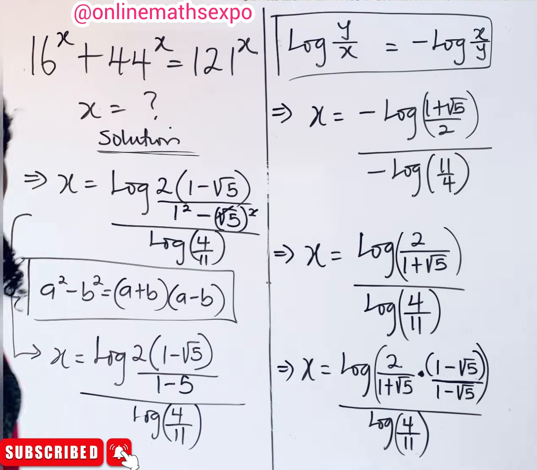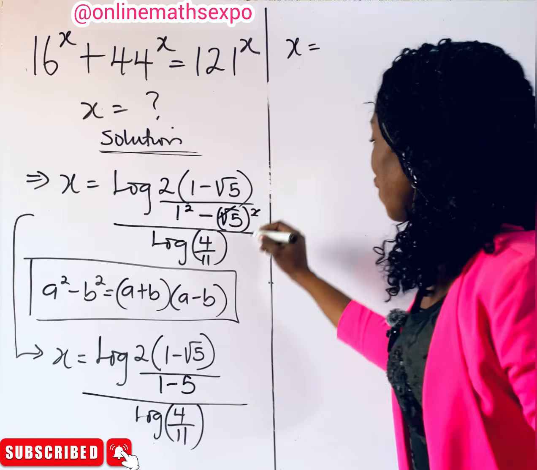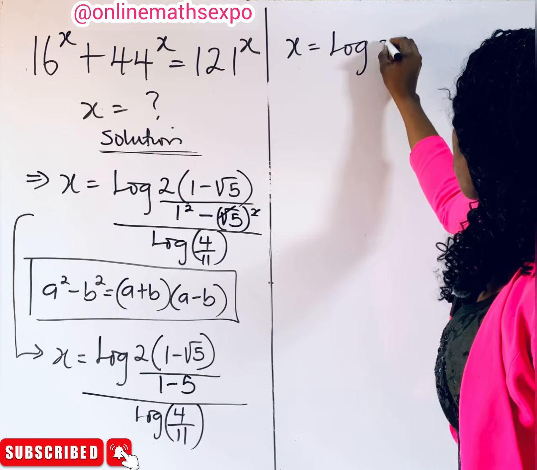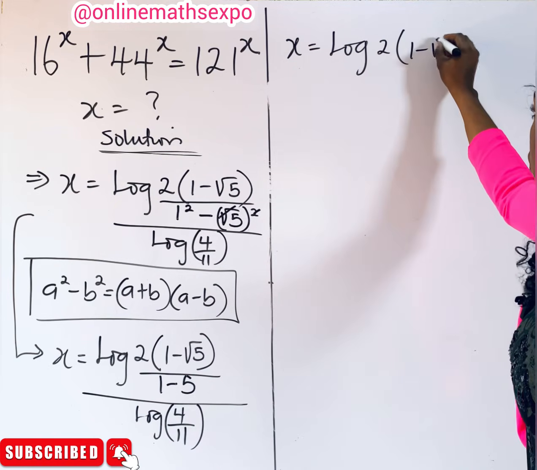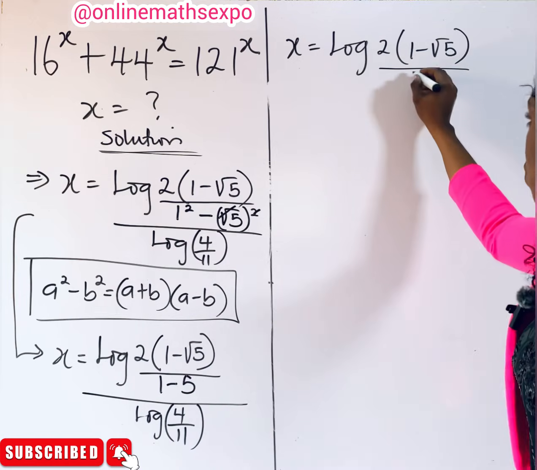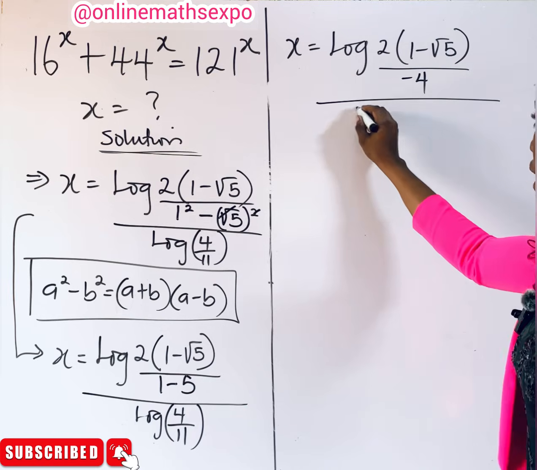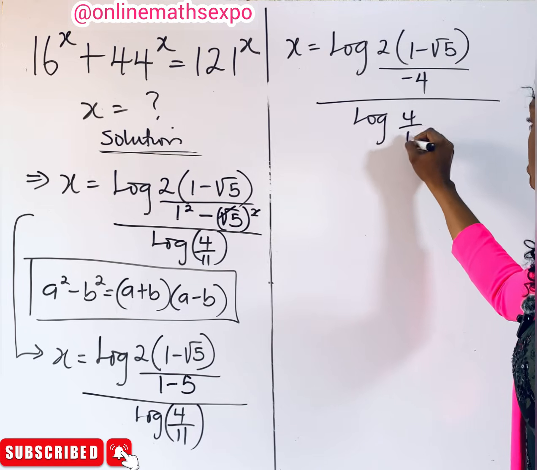Interesting. So let's simplify again. So this gives us x is equal to log of 2 into 1 minus root 5 divided by, if you subtract this, it gives you negative 4. Okay, so we have it divided by log of 4 over 11.